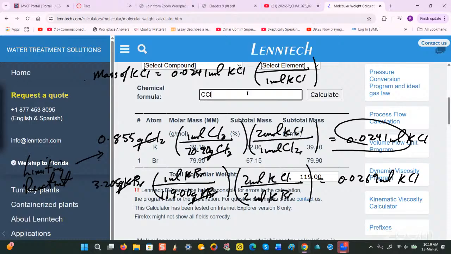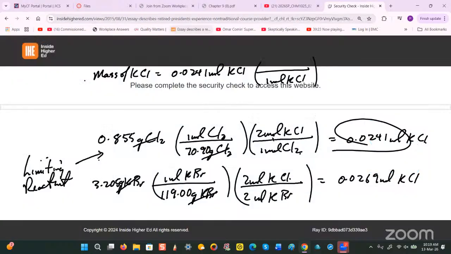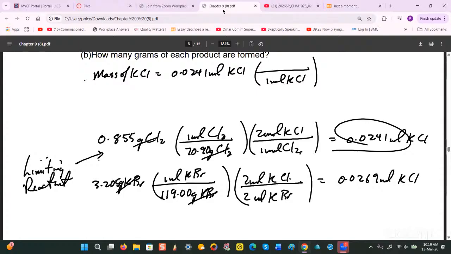KCl. So according to what I have here, that is 74.55 grams of potassium chloride.